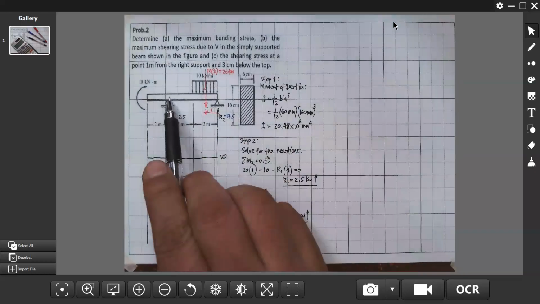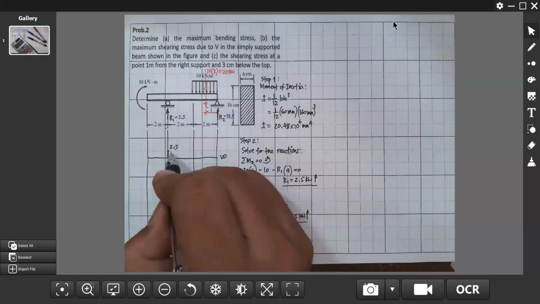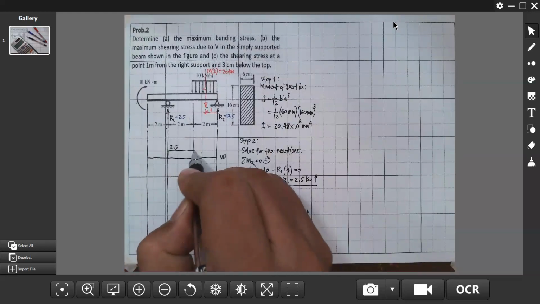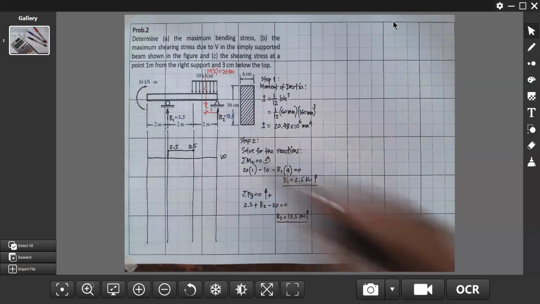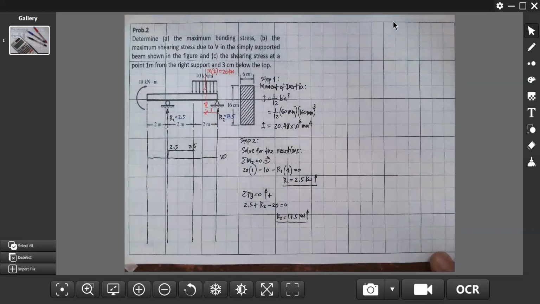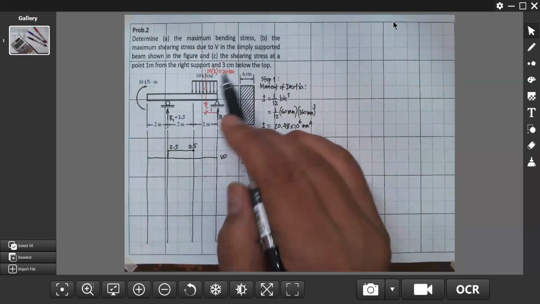From this point up to this point, there is no load, so it is horizontal, still 2.5. And then subtract this load of 20, negative because downward.